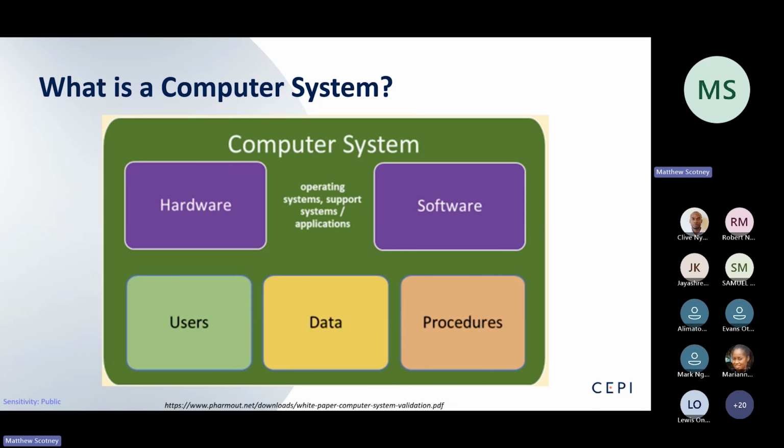And the obvious question is, why is this the definition of a computer system? When we look at computer system validation, from an inspection point of view, when you inspect a computer system to make sure it's functioning properly, one of the important things is we need to demonstrate that each individual component is functioning, because only as you look at each individual component can you see the picture as a whole.